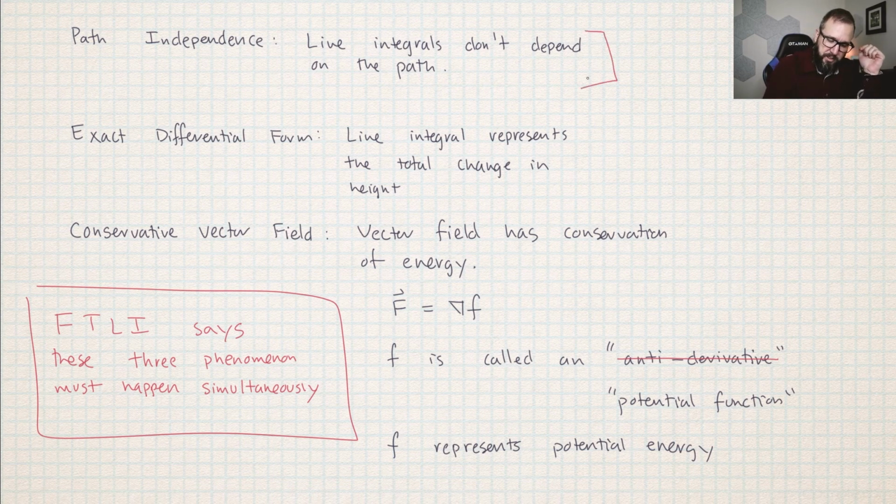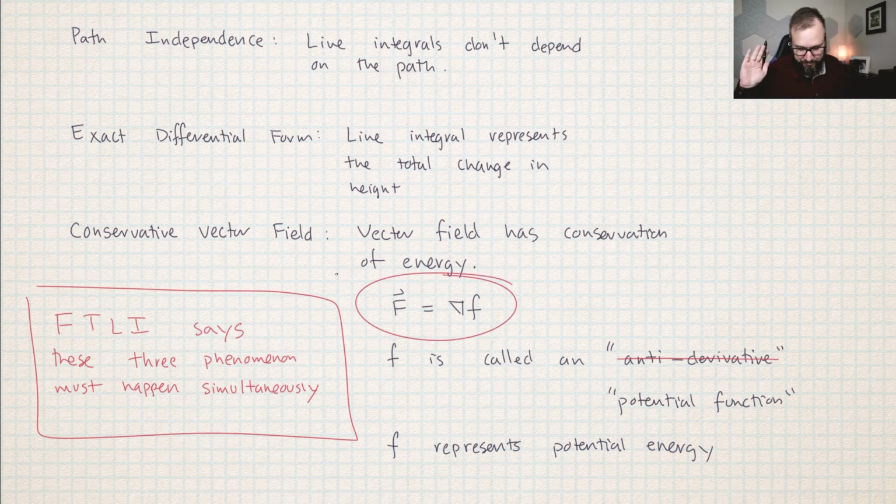Any time you have path independence, that automatically means your line integral represents some kind of total change in output, and that happens exactly when the force field has conservation of energy, and that happens exactly when your vector valued function is the gradient of some scalar valued function, and the scalar valued function represents potential energy. So this theorem hits really hard theoretically. We are taking three completely different concepts and marrying them together and saying they all must happen at the same time.